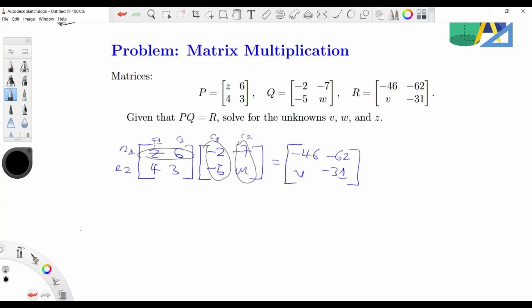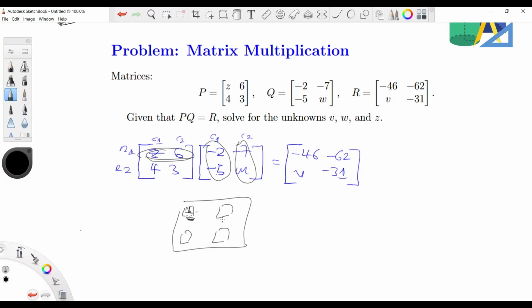Remember I said the resulting matrix is going to be a 2 by 2 matrix, so we have 2 rows and 2 columns. The value that goes in the first position is going to be the sum of the products of these values: we multiply Z and minus 2, plus 6 and minus 5. That's the value that goes here.